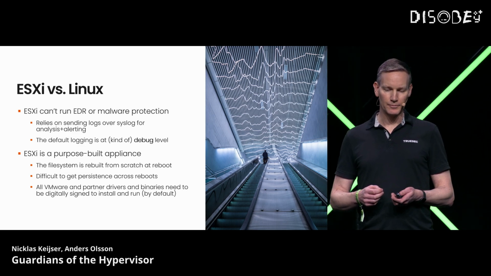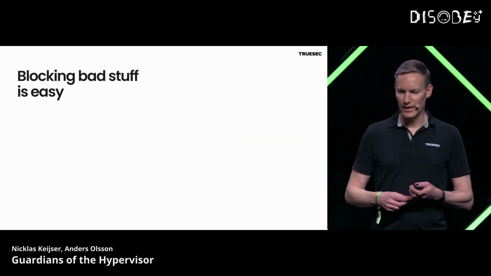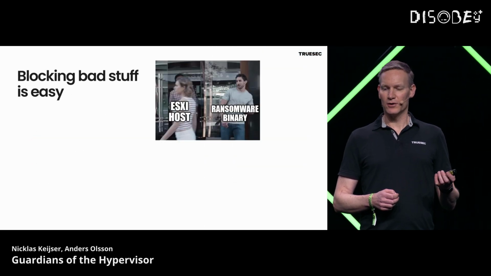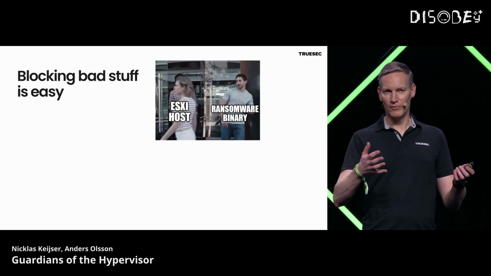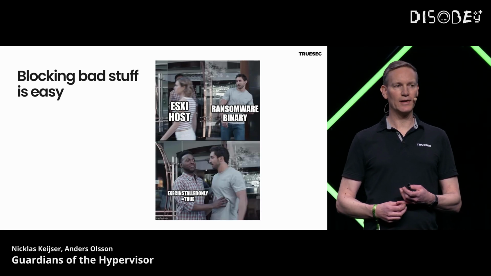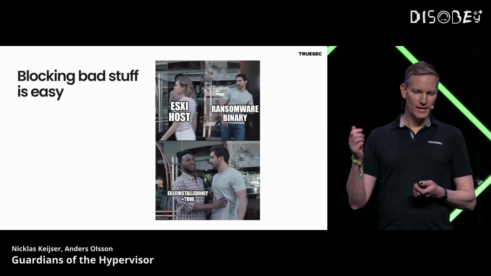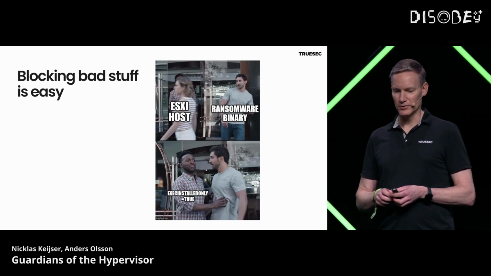And this is very good, because it means we can't run any foreign code. So if you have a ransomware binary, obviously not signed by VMware, you want to protect your ESXi host, there's a setting called exec install only. So you can flip that to true, and then foreign code cannot run.